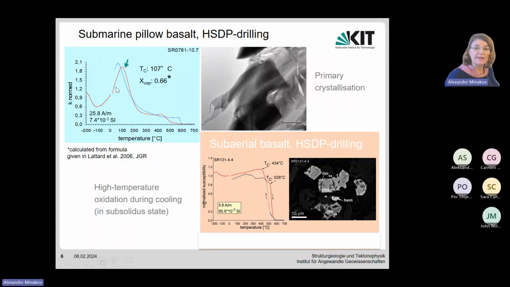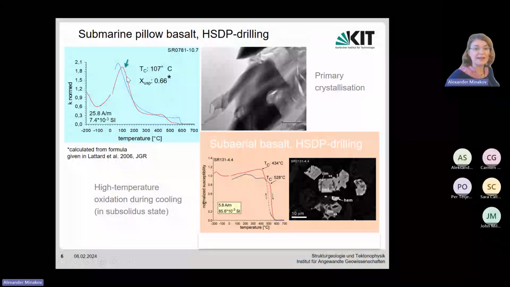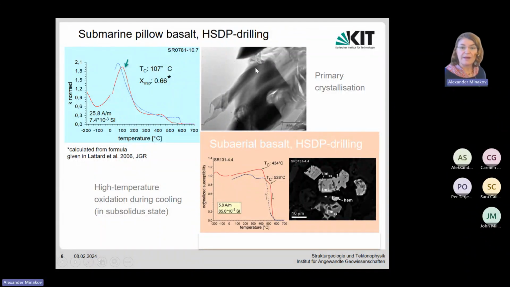What we can see here is susceptibility versus temperature, and we see here the Curie temperature, around this temperature here, and we can determine a composition for this titanomagnetite. You see here, it's primary crystallized, it's homogeneous. This is a half micrometer, 500 nanometer size here.